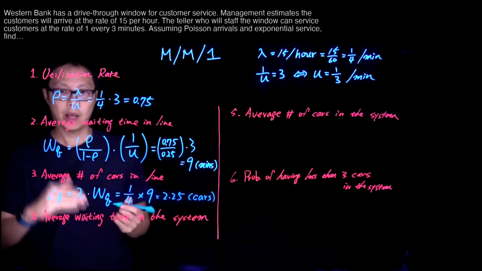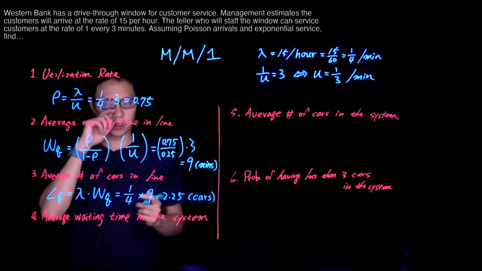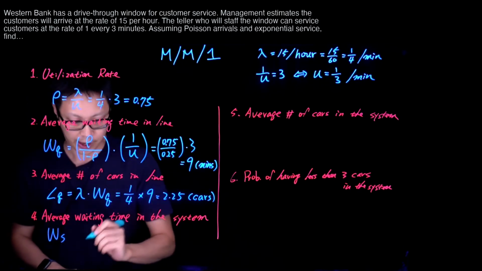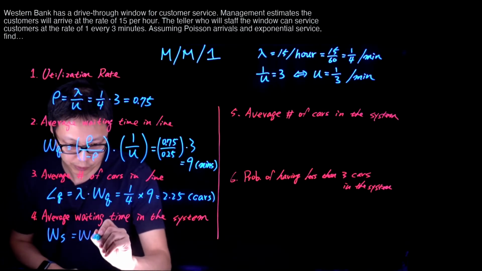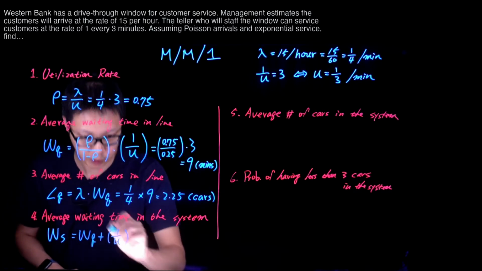Okay. If you know WQ, you can also calculate the average waiting time in the system, and we call this WS. Based on the formulation on the previous slide, we know WS will be equal to WQ plus 1 over mu.